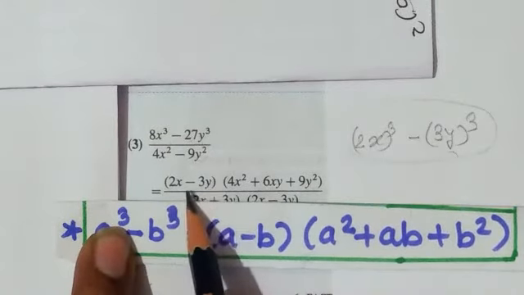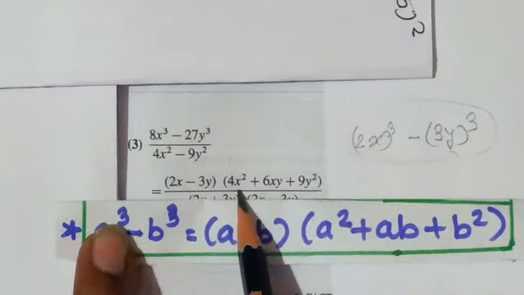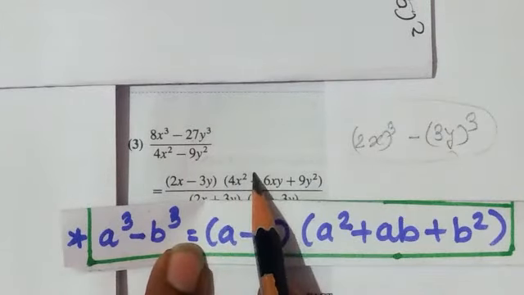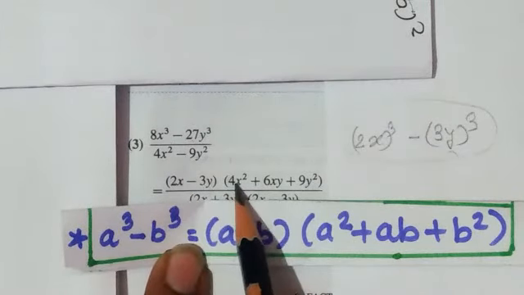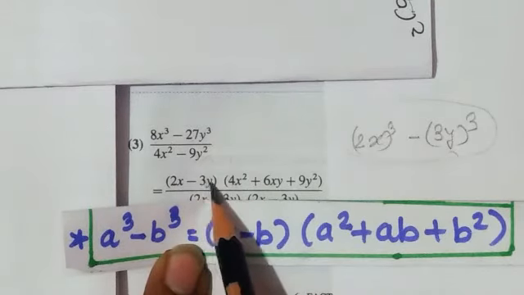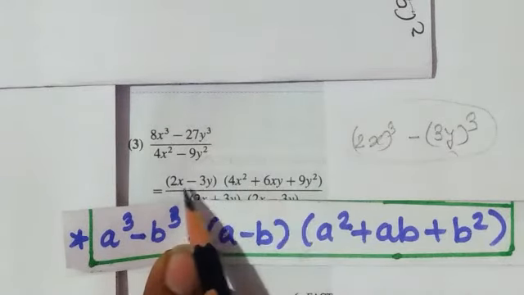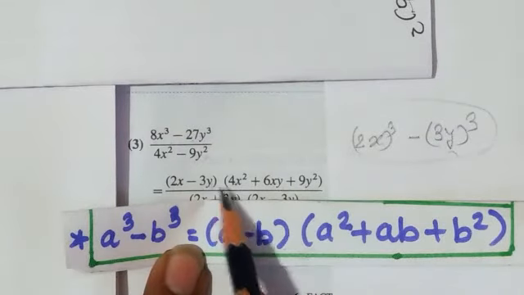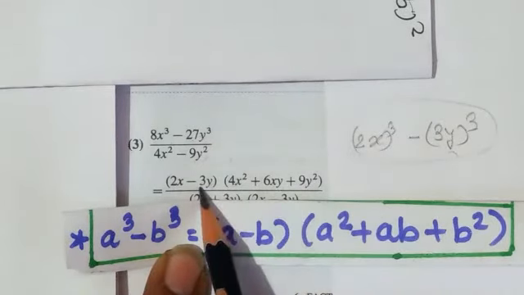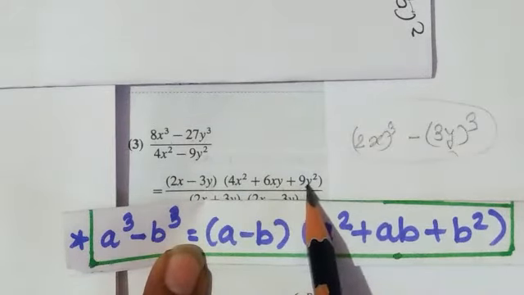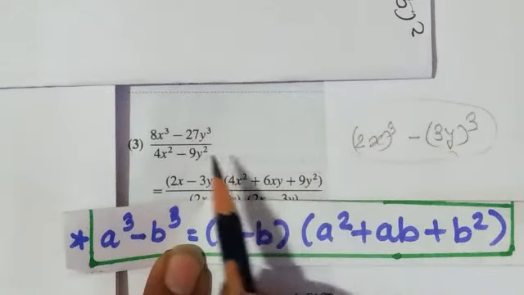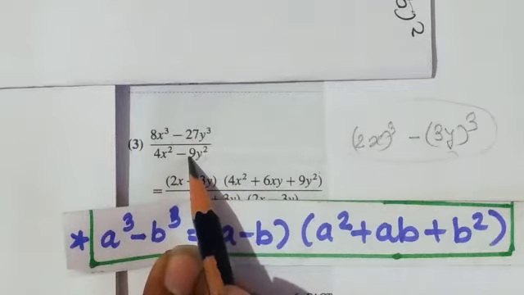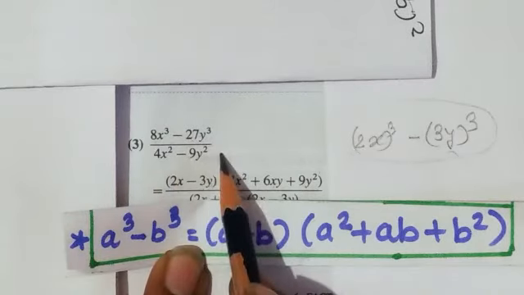2x minus 3y in one bracket, and in another bracket 4x square. The square of 2 will be 4 and the square of x will be x square, so 4x square. Multiplication of both: 2 threes are 6, x into y, xy, plus the second term's square. It means the square of 3 will be 9, and y square. Now at the denominator place, if you observe, its square is given.